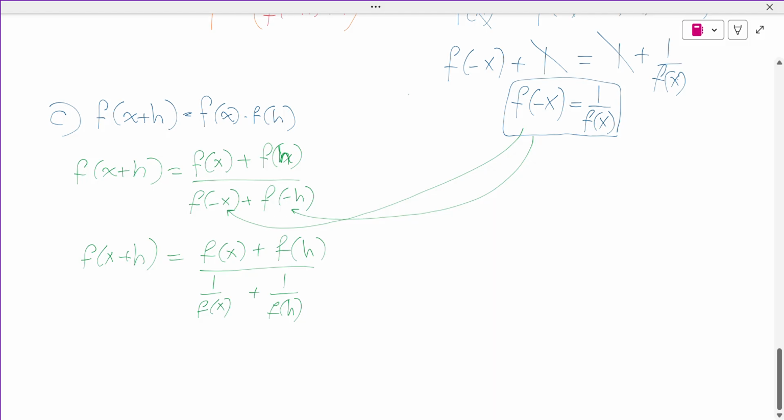Now we will simplify. So how do we simplify? Let's make the denominators the same. So let's multiply here by f of, not this one.